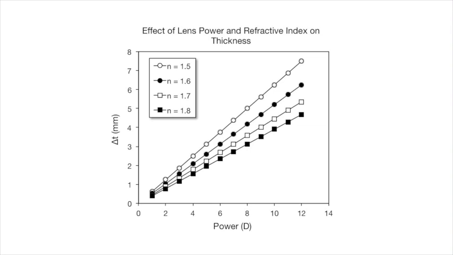The top one with a refractive index of 1.5 is just a repeat of the previous graph, that's going to be shown a couple of times for comparison. So if we think about a lens power of about 4 diopters, you see that there's a modest benefit to be gained from taking the patient from a refractive index of 1.5, which would be for a standard resin or CR39 lens, up to something with a refractive index of 1.6 or 1.7.